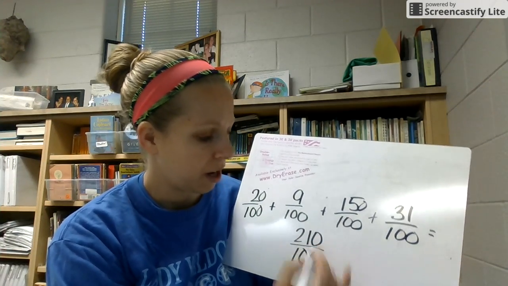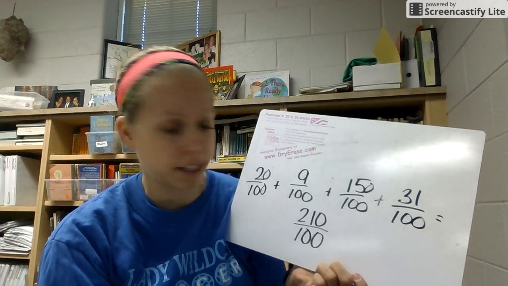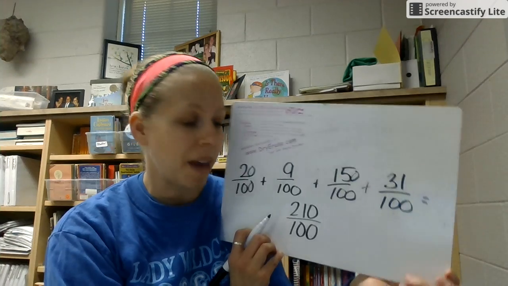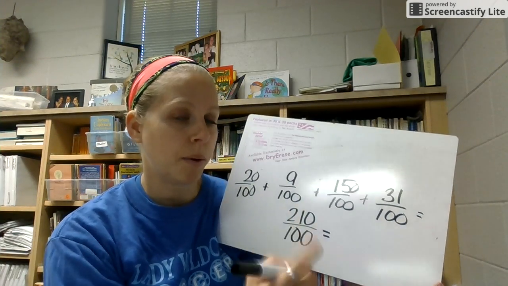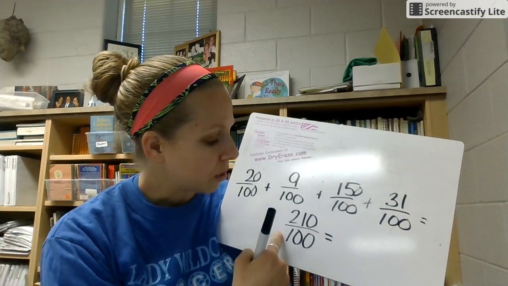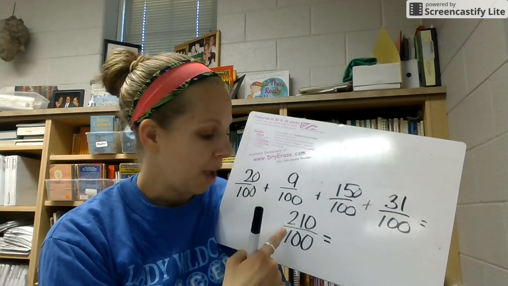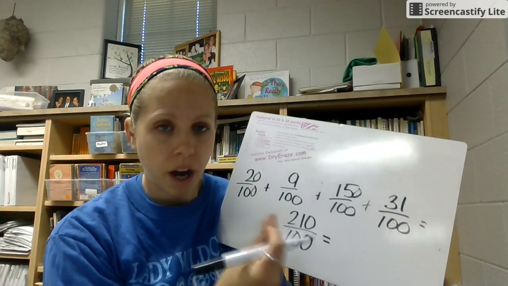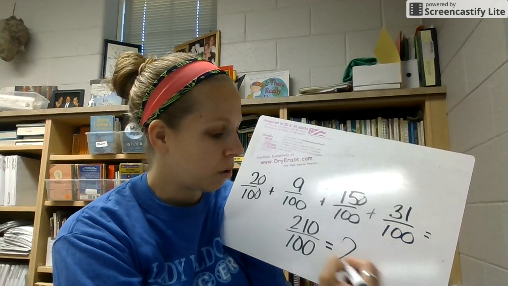I actually get 210 one-hundredths. If you listened to what I was saying yesterday about improper fractions, we can make it a mixed number, which most math teachers, when you get a little bit older, like a lot better. We're able to pull 100 out of there, and we're actually able to pull 200 out of there. Well, 200 hundredths is 2 whole.